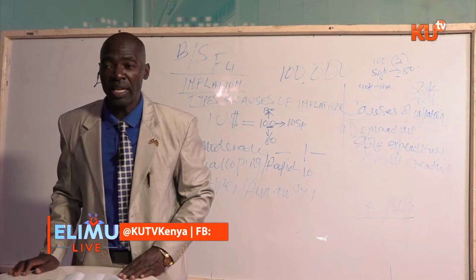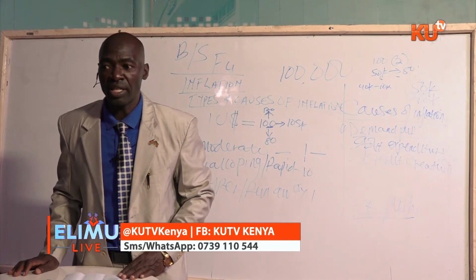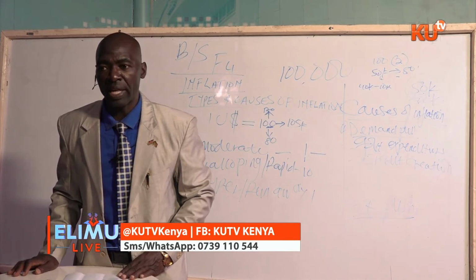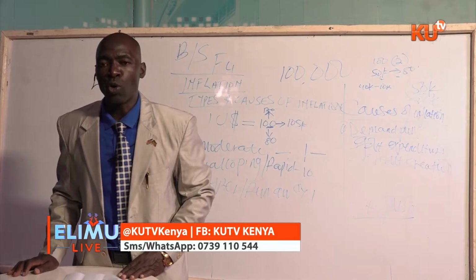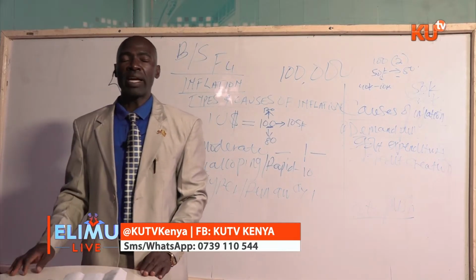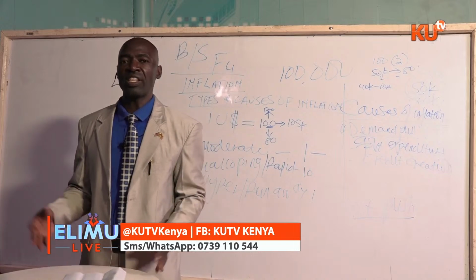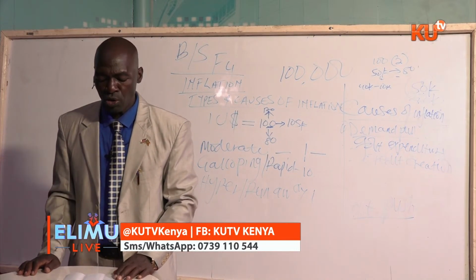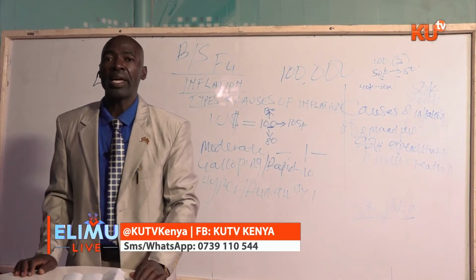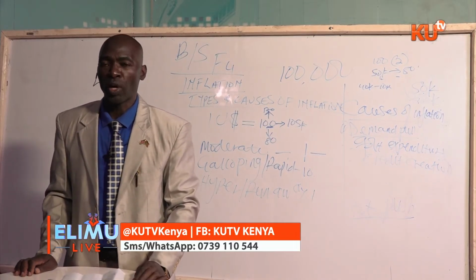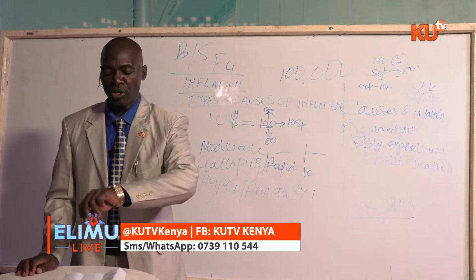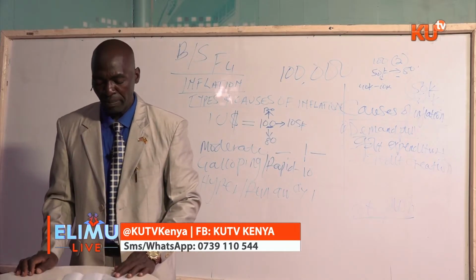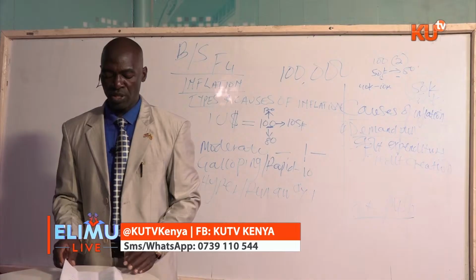We have looked at effects of credit creation, that is advancement of loans by the commercial banks, and also the microfinances, and also even the Shylocks. Then we also have general shortage of goods and services, making the demand for such goods to rise.